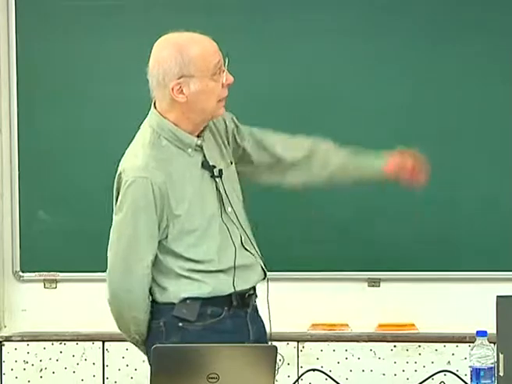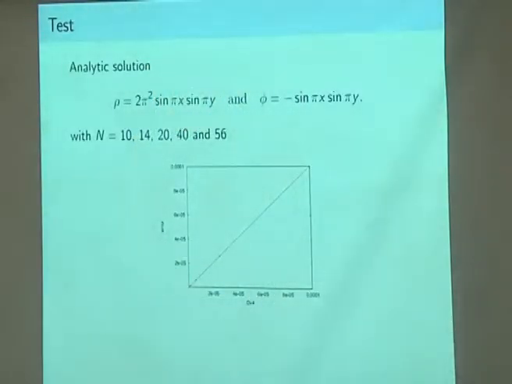And this is with my little test problem. I feed it rho is sine x sine y with a factor of 2 pi squared. So I know the solution is phi is equal to sine x sine y. And I've solved it on various grids of 10, 14, 20, 40, and 56.